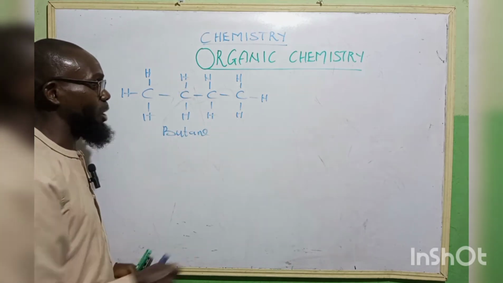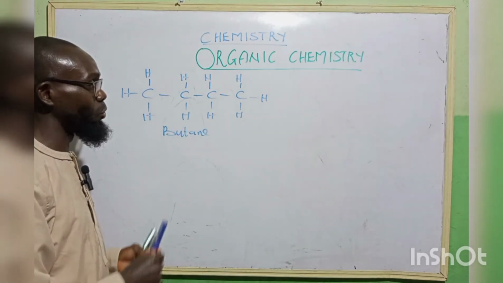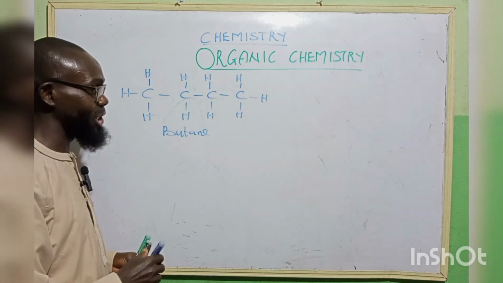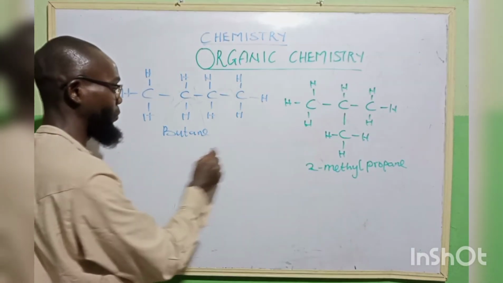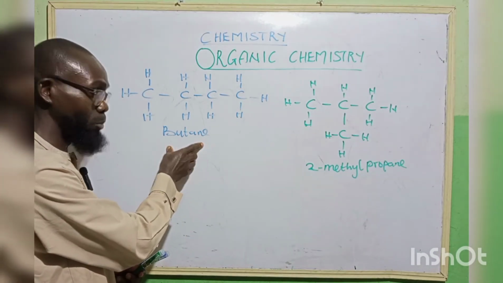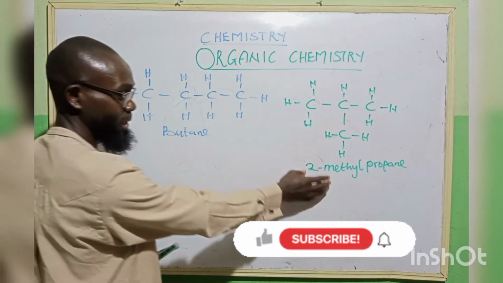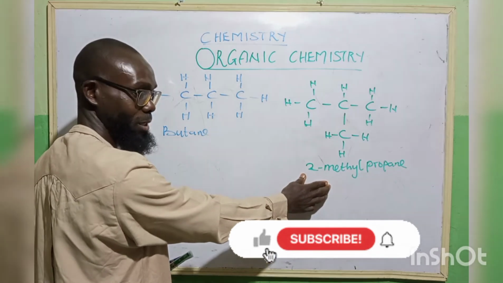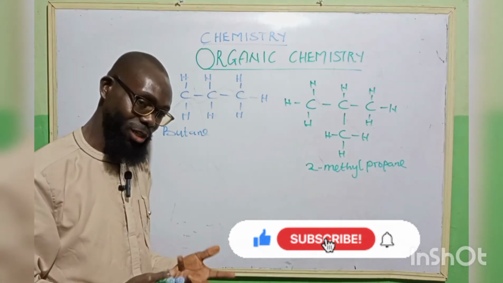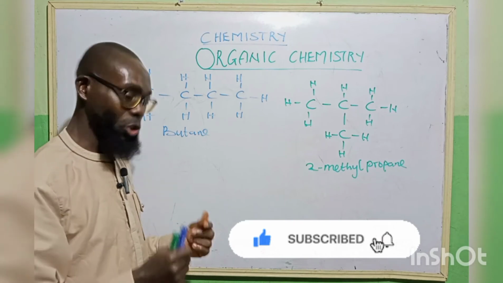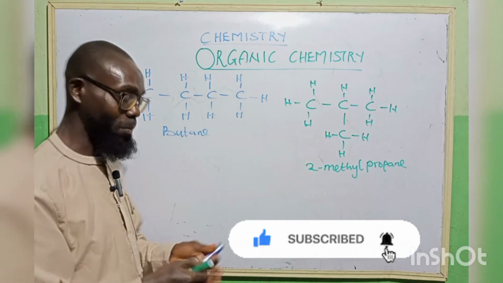Likewise, carbon can also join end to end to form a branched chain. This is another compound which is formed from the previous compound, butane. And this one is 2-methyl propane. So this compound is called a branched chain. Likewise, we can also have a cyclic compound.